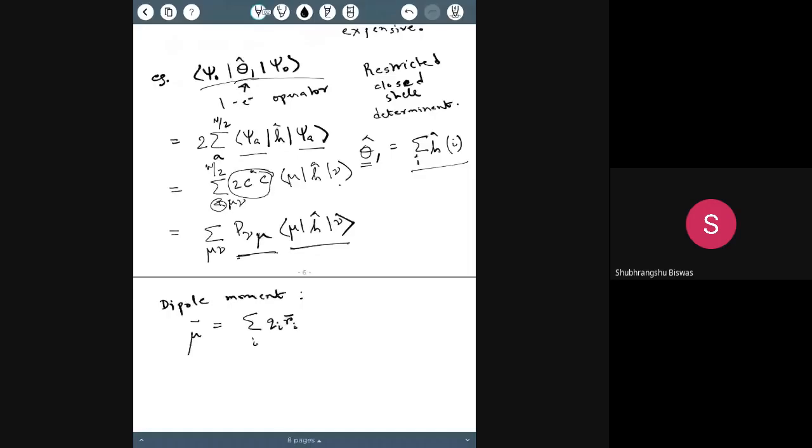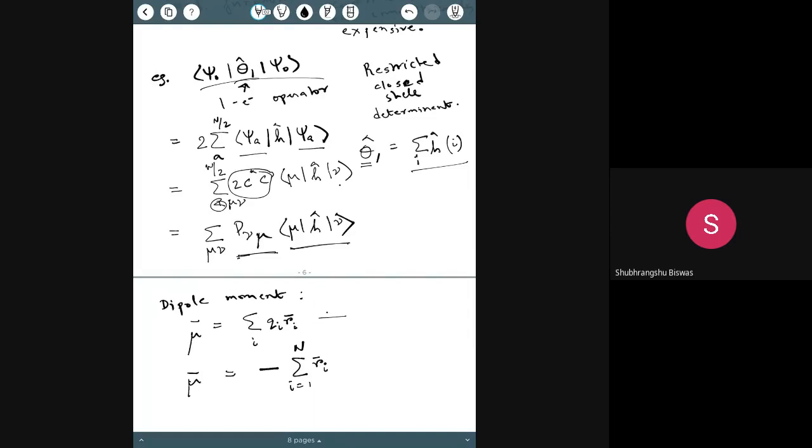For electrons, in a quantum mechanical context, the mu operator is written as a minus, because of the charge of the electron, sum over all the electrons in the system, I from 1 to n, n being the number of electrons, of the position of every electron, Ri.